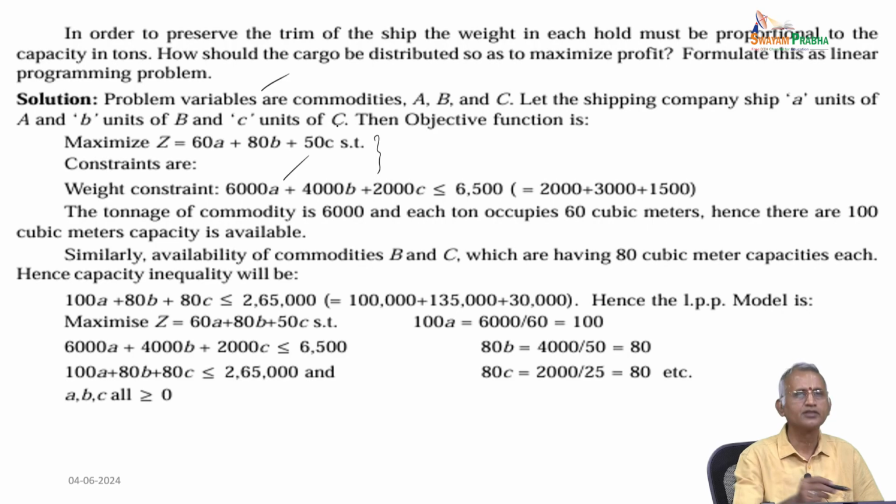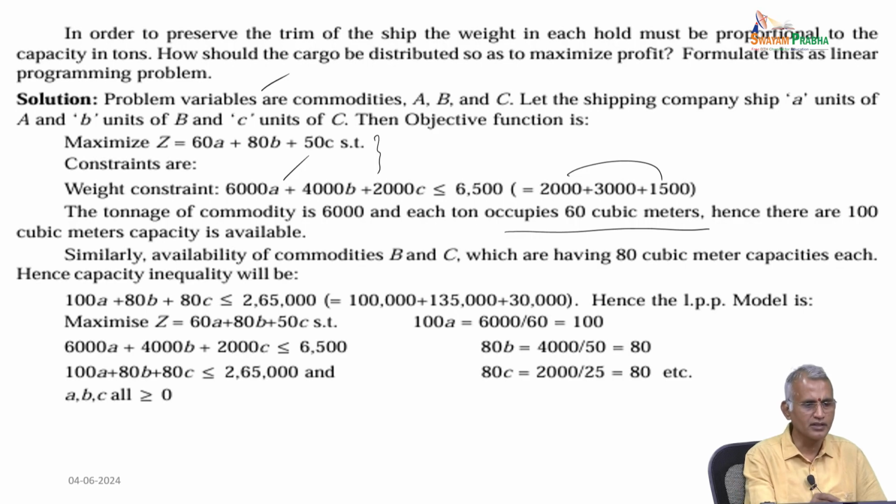We have 6000A + 4000B + 2000C ≤ 6500, because 6500 is the summation of 2000, 3000 plus 1500. The tons of commodity A is 6000 and each ton occupies 60 cubic meters, so 100 cubic meters capacity is available.